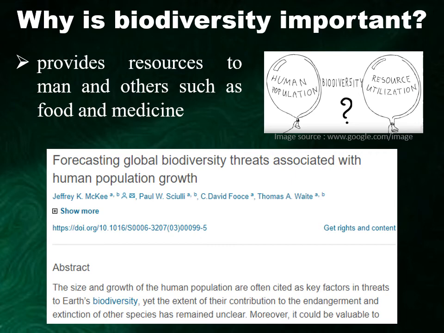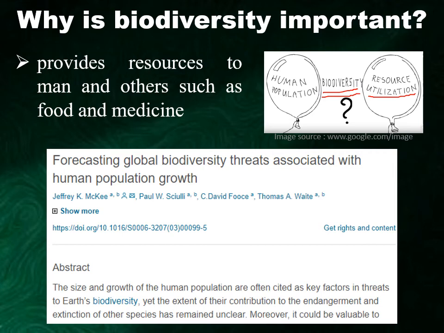Now, with increasing use of this resource, the most affected part is the biodiversity. So one day, this connection between the human population and the resource utilization, this bridge, was broken, because as there were no varieties of lives, the biodiversity was lost from nature. Simply there is a shortage of resource.